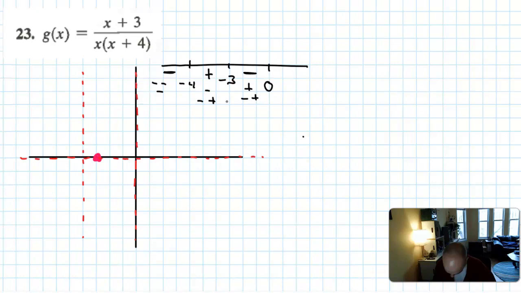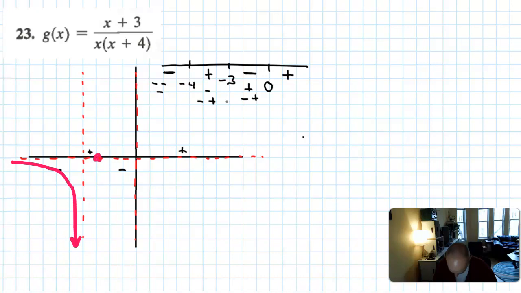So that's a negative. And then we should have everything positive. So altogether then, translating this sign chart, we have minus, plus, minus, plus. So the graph must look something like this. And again, you can plug in extra points if you want, if you think it helps. I don't think I need it.